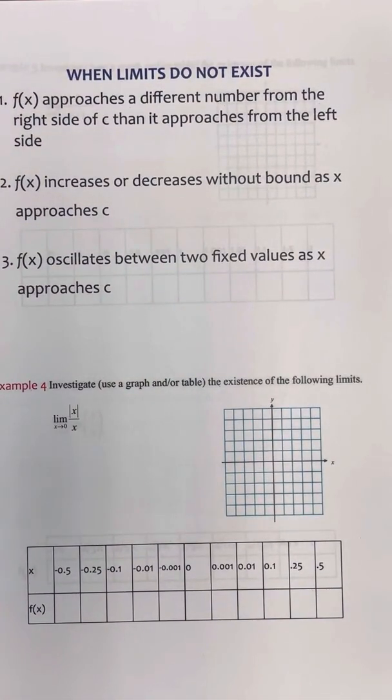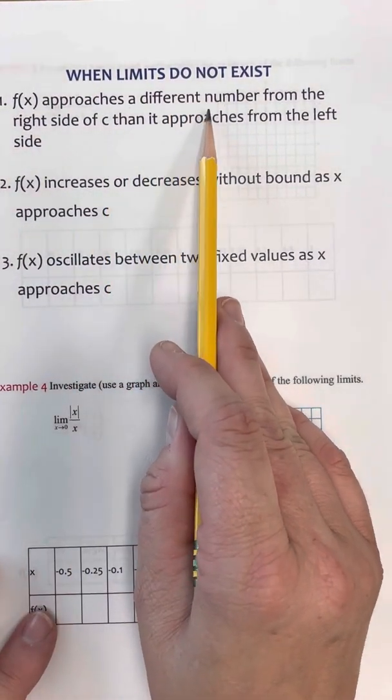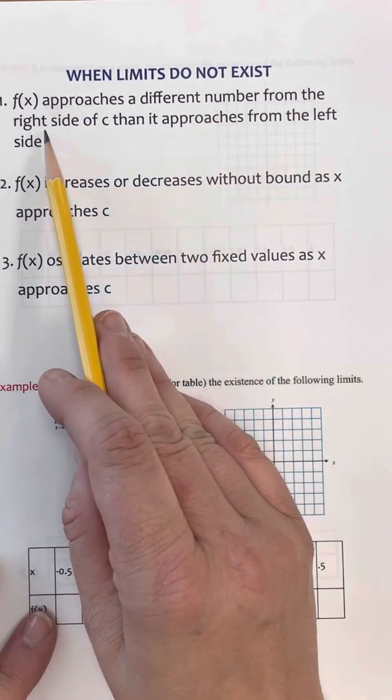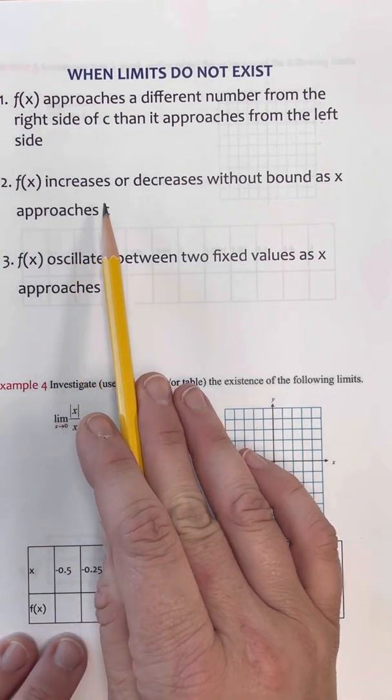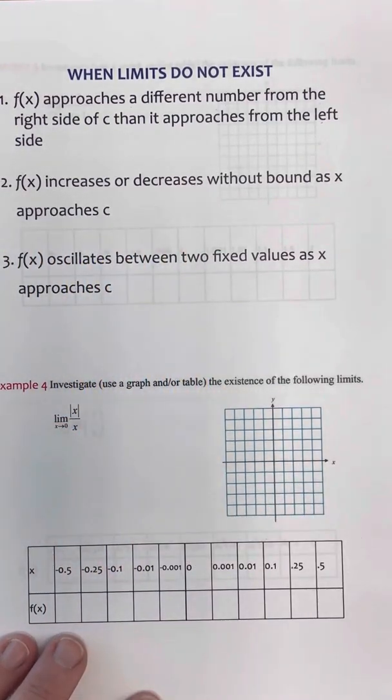When do limits not exist? Well, if it approaches a different y value from the right as it does from the left, we just saw that in that last picture, we would get a DNE. If f of x increases or decreases without bound, so without bound would be like if it continues to go up for infinity, or if it continues to go down infinitely, then that would be an example of a does not exist, DNE limit.